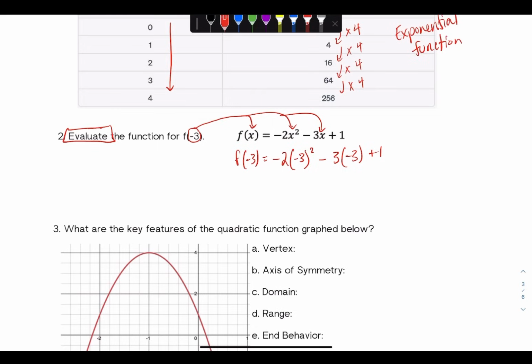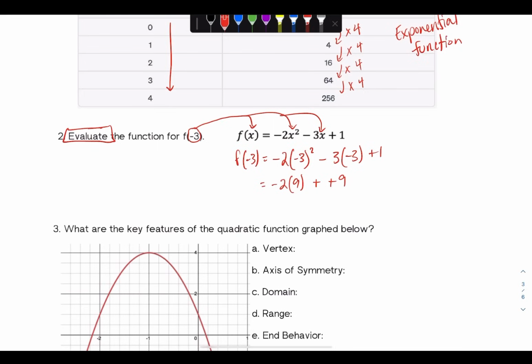And we can use a calculator for this if we wanted to check. But if you also are able to do this without a calculator, that's cool too. So negative 3 squared is going to be positive 9. If I treat this as a negative 3 times a negative 3, I'm going to have plus 9. Or I could say that this is minus a negative 9.